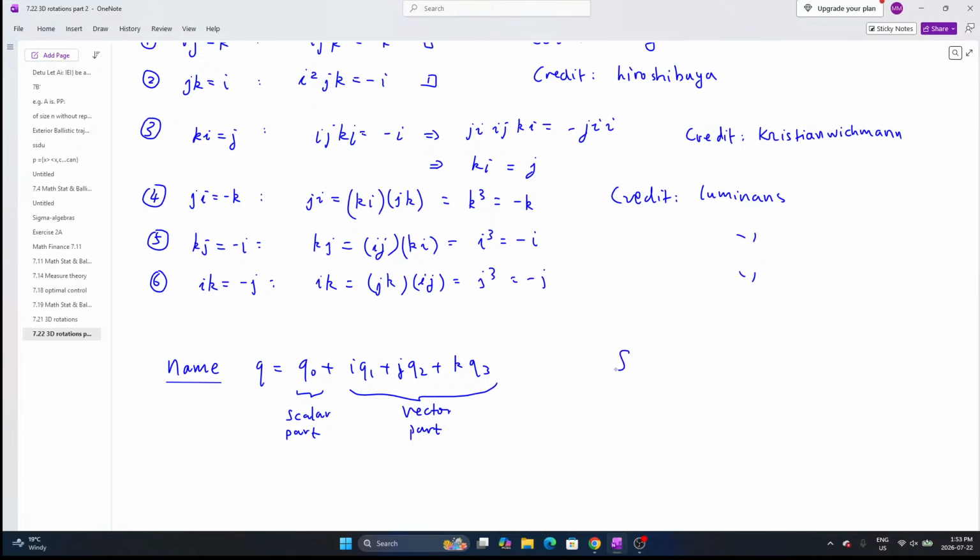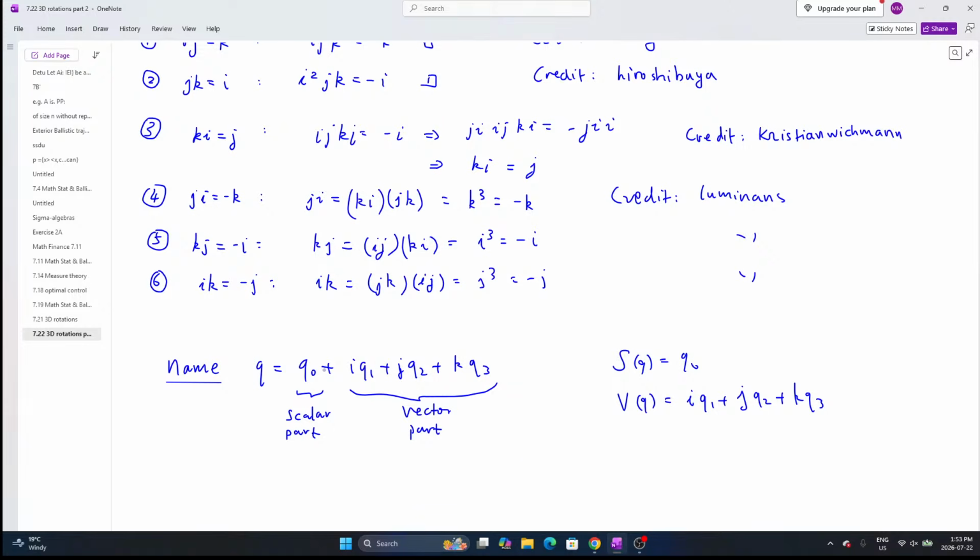We write S of q, the scalar of q, to be q0, and the vector part of q as big V of q equals i q1 plus j q2 plus k q3. So that's the vector part.